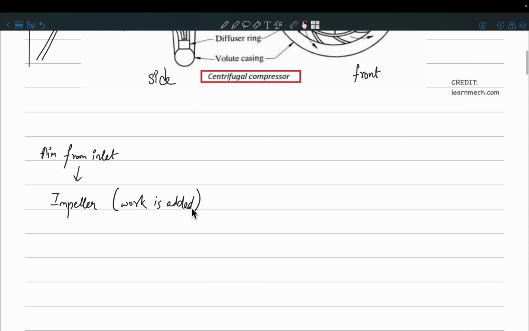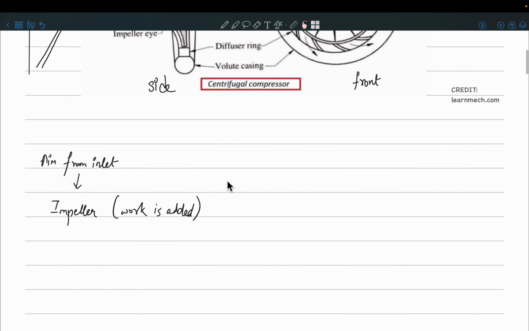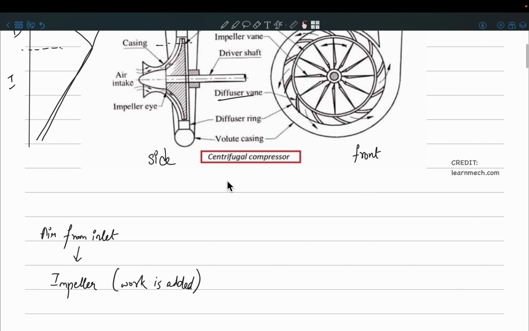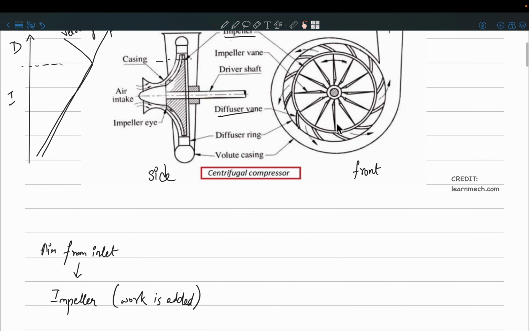Then what happens? What happens once the air is directed to the impeller? From what direction does the air move inside the impeller? Do you have any idea? So for example, you see that the impeller starts somewhere over here, right?